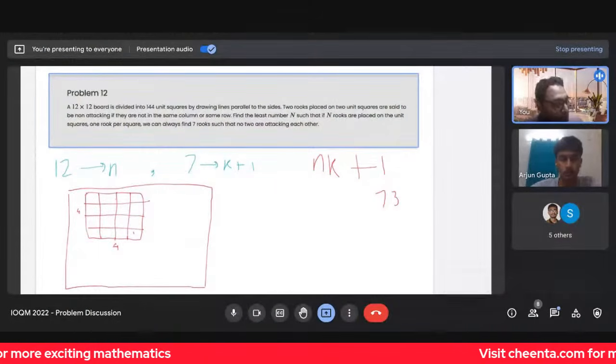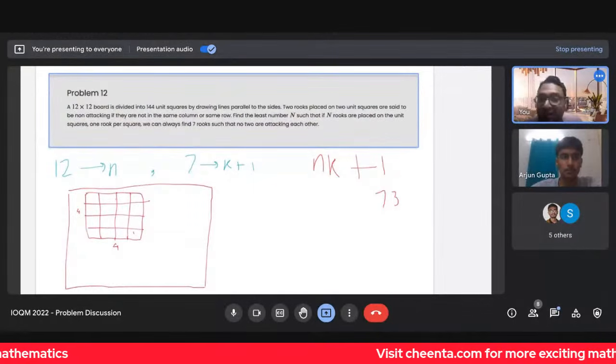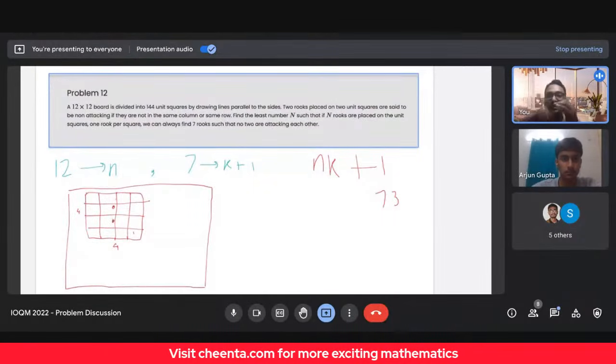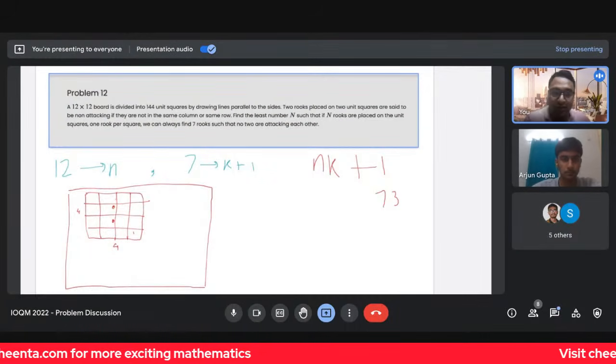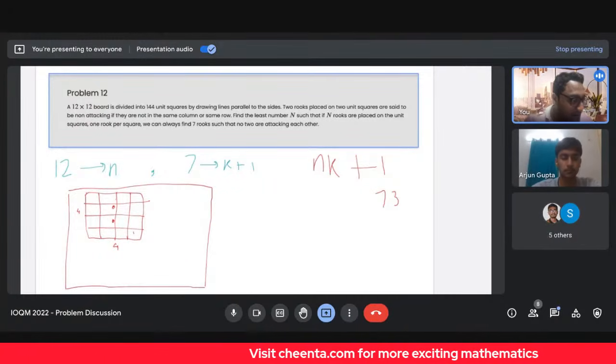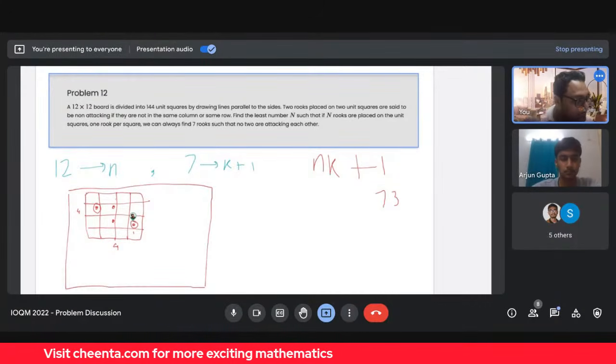If you have two rooks like this, of course they will be attacking, because rooks move either horizontally or vertically. If they are not in the same row or the same column, then the rooks are non-attacking. For example, these two rooks are non-attacking.